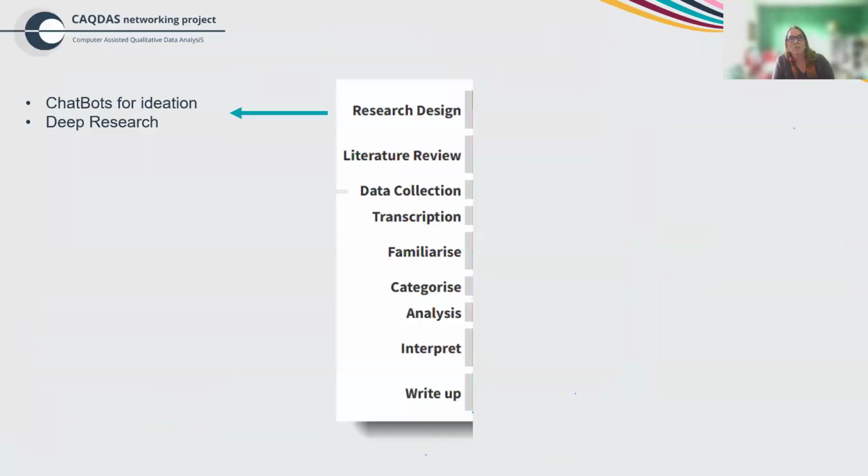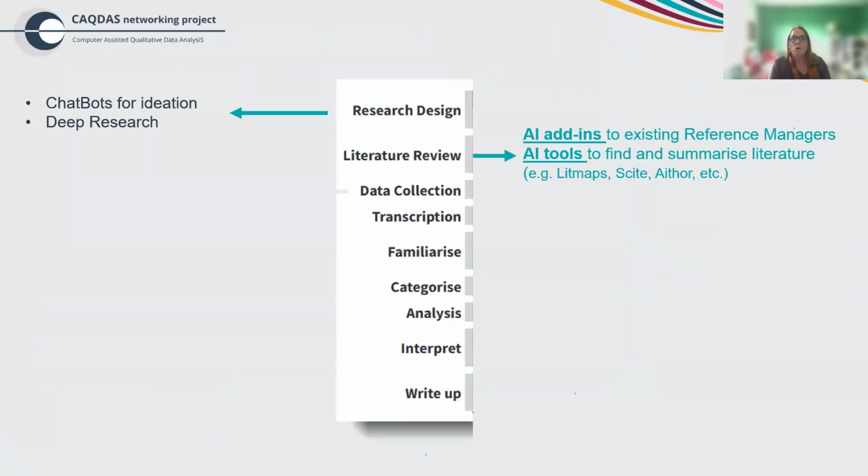So that's just two different ways of thinking about using chatbots and these deep research tools for ideation, getting ideas for our research design. Then we've got the literature reviewing process, which of course in qualitative projects is often a very integral part of the workflow.